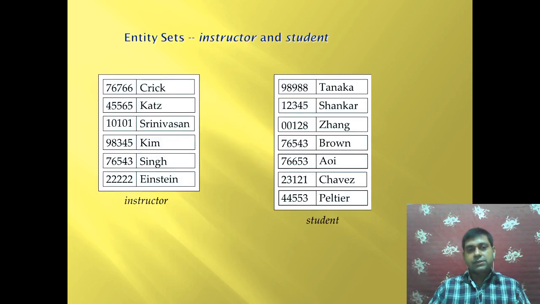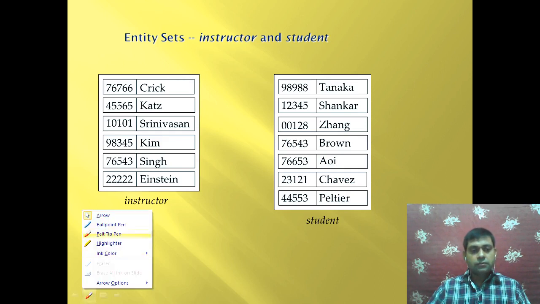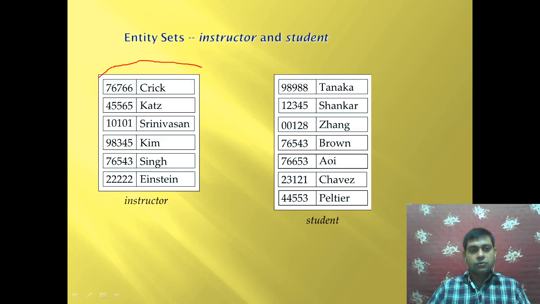Now, let us give an example of two different entity sets here, instructor and student. Instructor ID and name are given on the left side. So, this is the instructor entity set, where this is the ID in the first column.